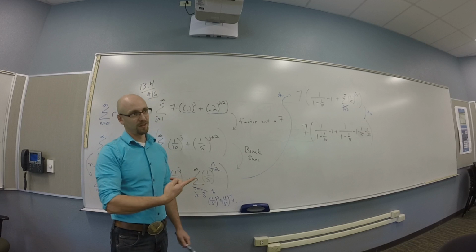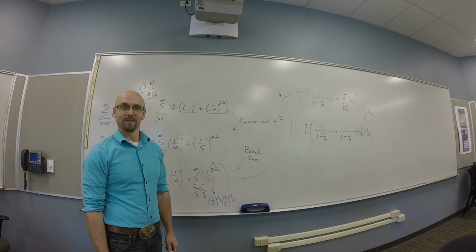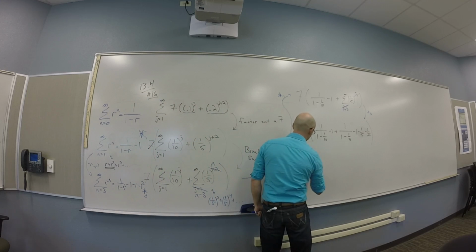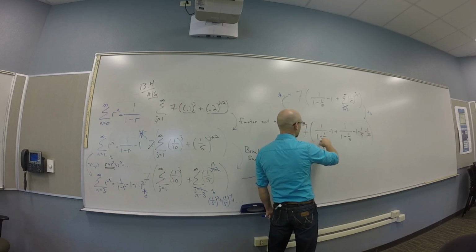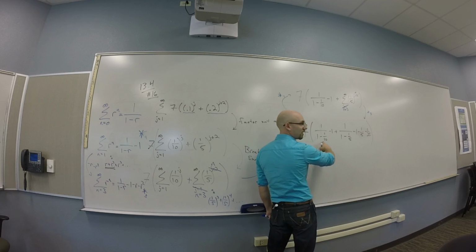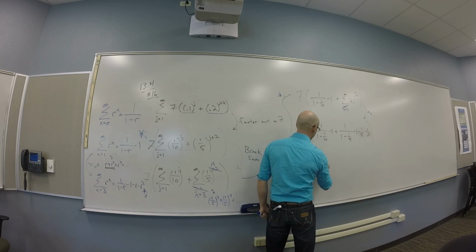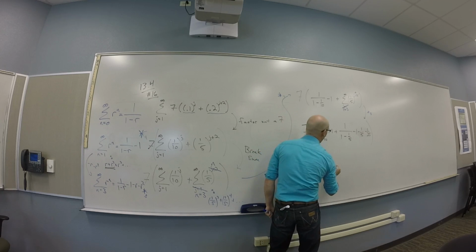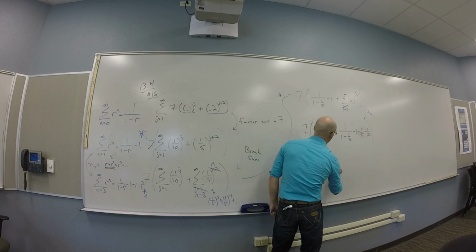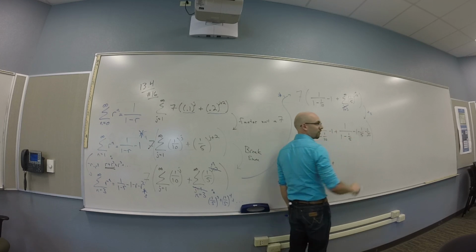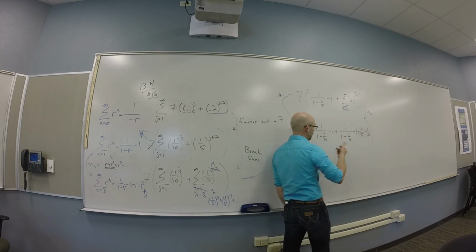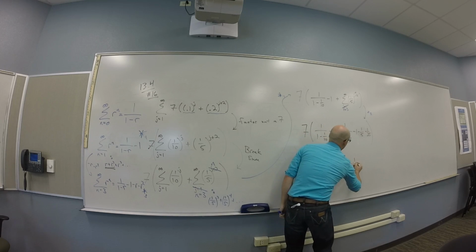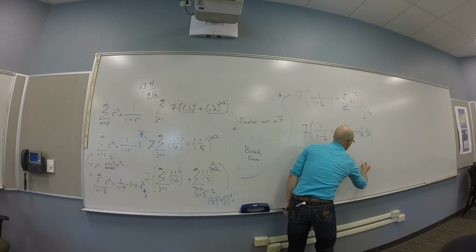Cool. Do you guys want to simplify that, or do you want to just call it a day? I hope it's pretty algebra-y, right? So I've got 7 times, let's see, 1 minus a 10th is 9/10, so that'd be 10/9 once it's flipped over, minus 1, plus, let's see, 1 minus a fifth is 4/5, so that should be 5/4, minus 1, minus a fifth, minus a 25th.